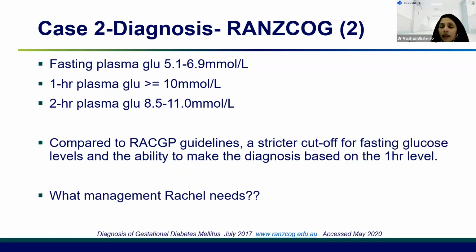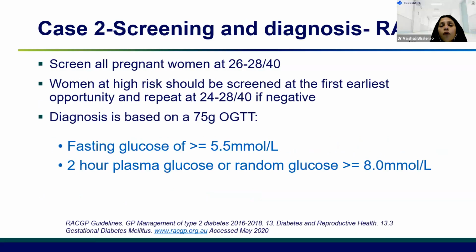So what management does Rachel need? Before that, if a woman cannot drink the glucose load, then random glucose is also good according to RSCGP, or they can have one fasting glucose and one HbA1c.